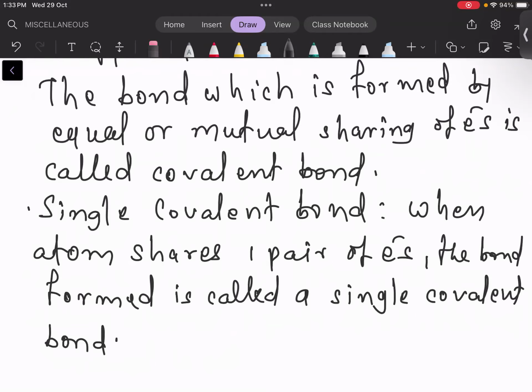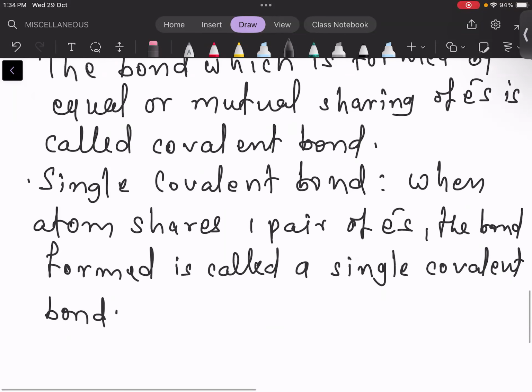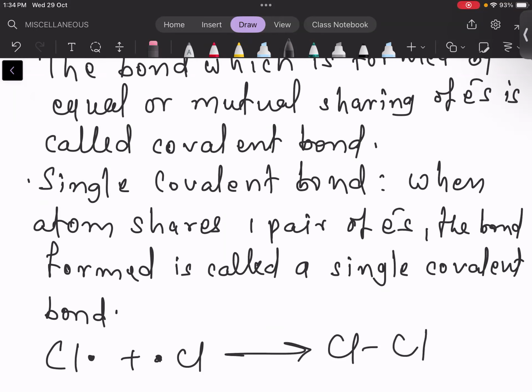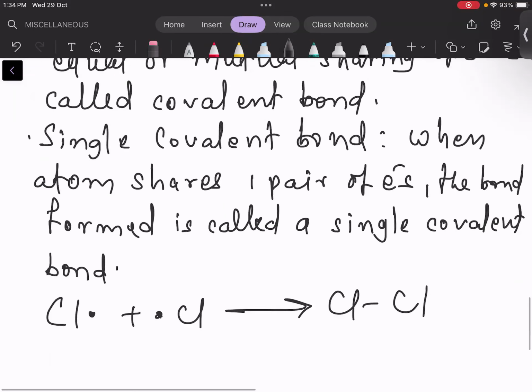For example, in chlorine, one electron combines with one electron from another chlorine and you get a chlorine molecule. That is, a single bond is formed.